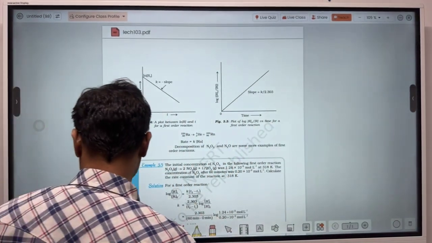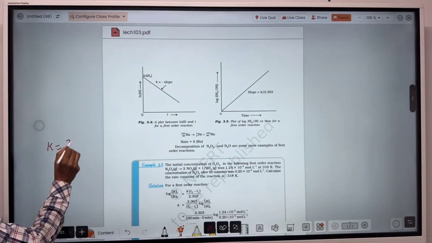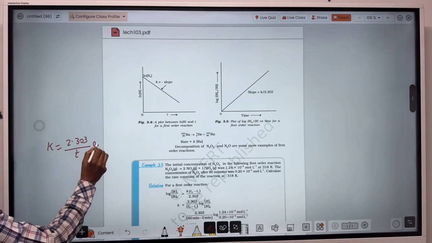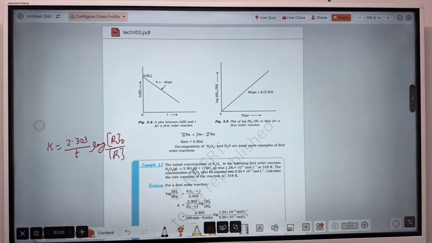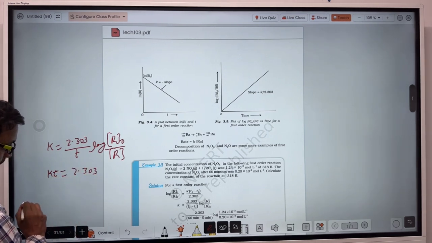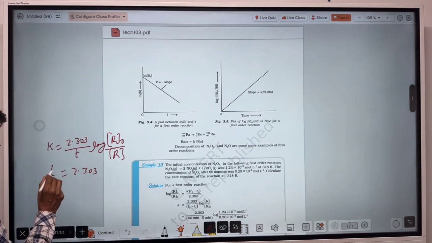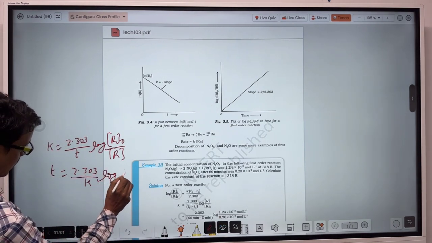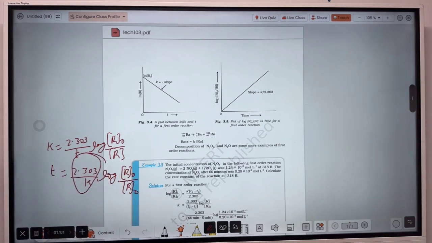What was the expression? Keep it in mind. K equal to 2.303 upon t log R naught by R. That was it. So time will go this side, and kt will be equal to 2.303 log R naught by R. You may also write t equal to 2.303 upon k log R naught by R. This value is constant.